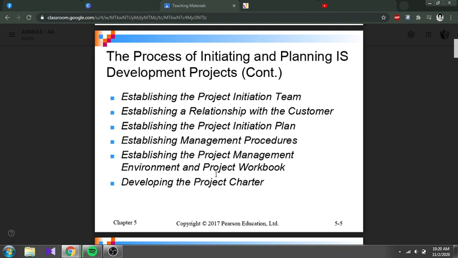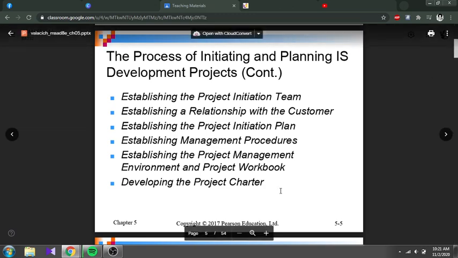If you remember. And at the closing of the project, you will reward the employees, give promotions, give bonuses and so on.